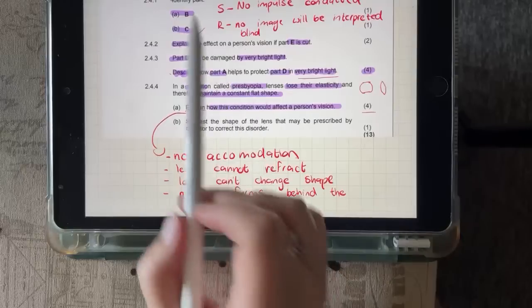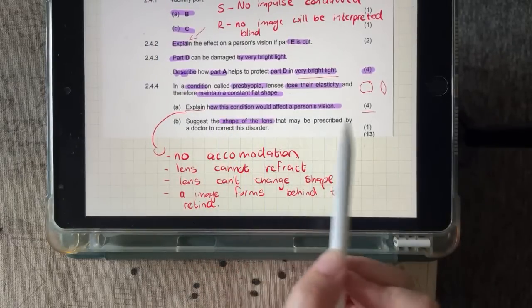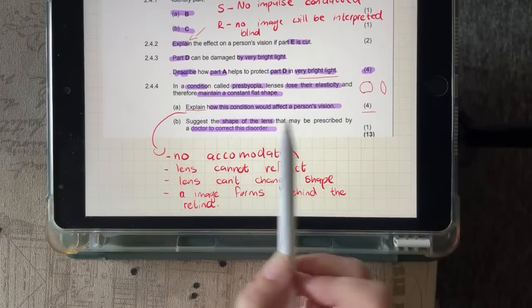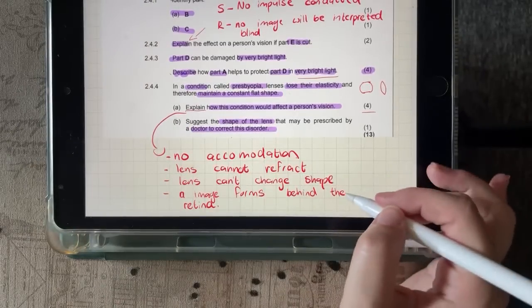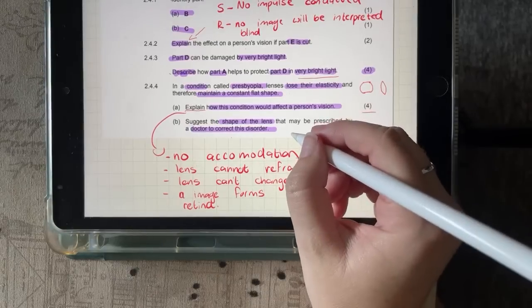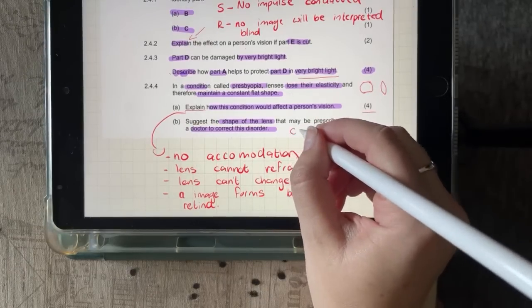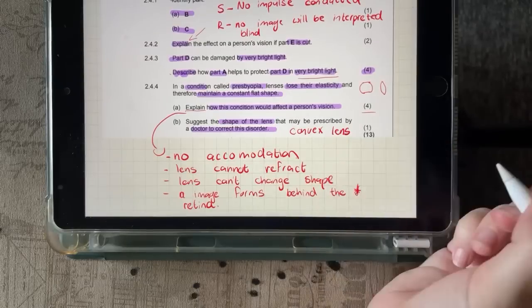And then they ask you, if you were a doctor, suggest the shape of the lens that may be prescribed by a doctor to correct this disorder. Well, if the image is falling in front of the retina, as we said down here, then the only lens that's going to work for us there is a convex lens.